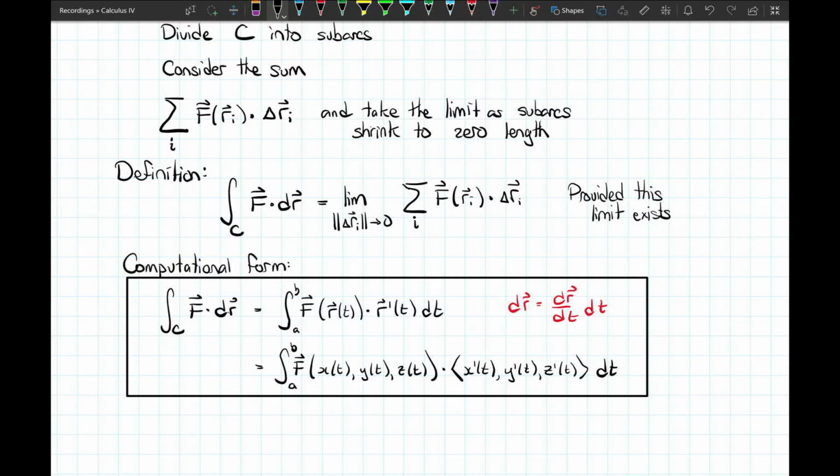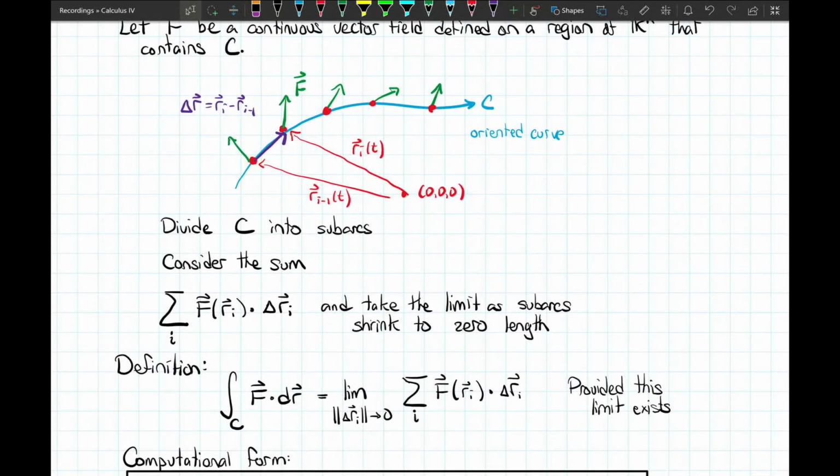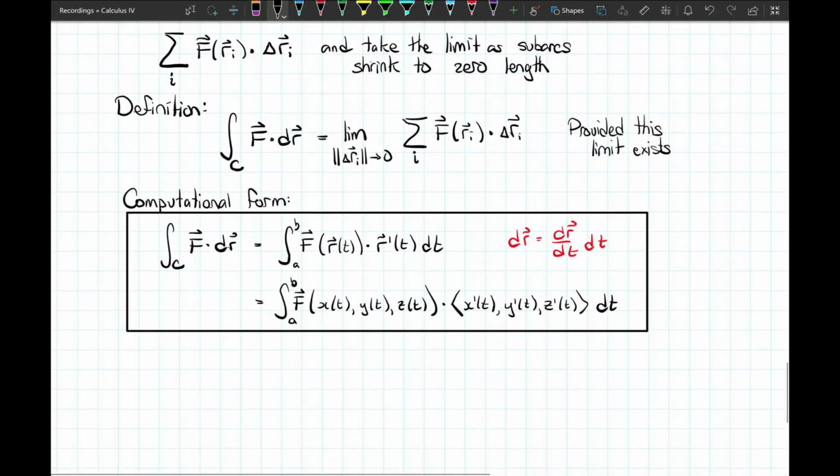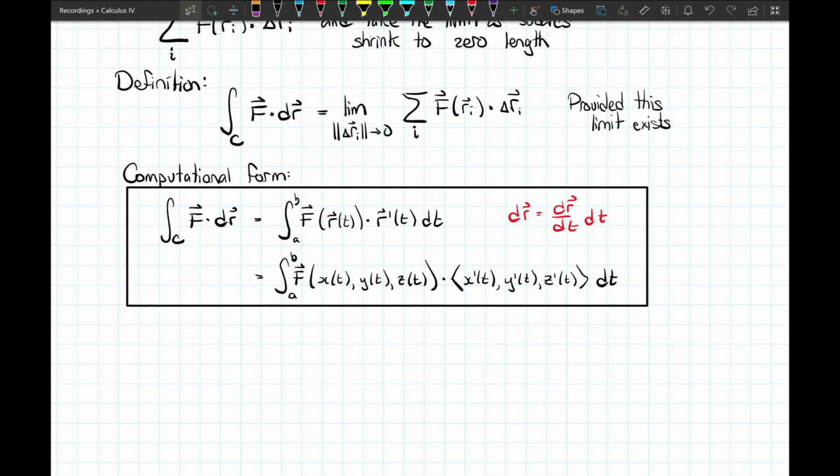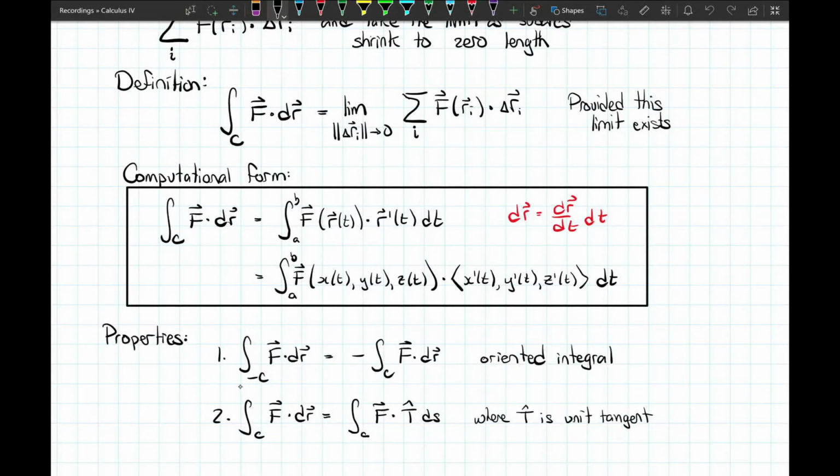Now, because we are thinking about dot products, and looking back at this visual representation, if we were going in one direction, the dot product could be a positive value, and it could be a negative value in the opposite orientation. So this is an oriented integral, and that's one of the couple of properties we should list here. This property, where we take our curve and change the orientation, gives the same value but negated.